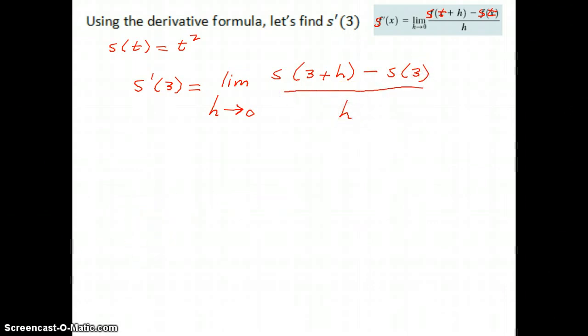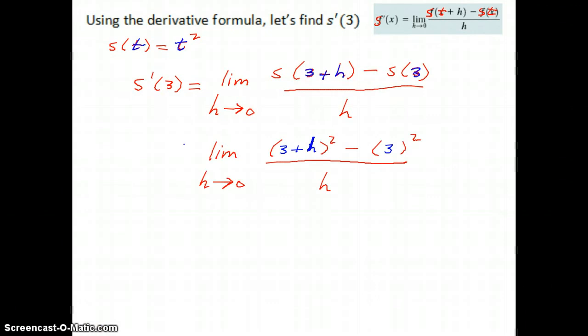So what we want to do from here is plug in 3 plus h into our t spot, and we want to plug in 3 into our t spot as well. Let's see what that looks like. Okay, so I've plugged in, and from here it's a matter of the algebra skills to figure out this limit.